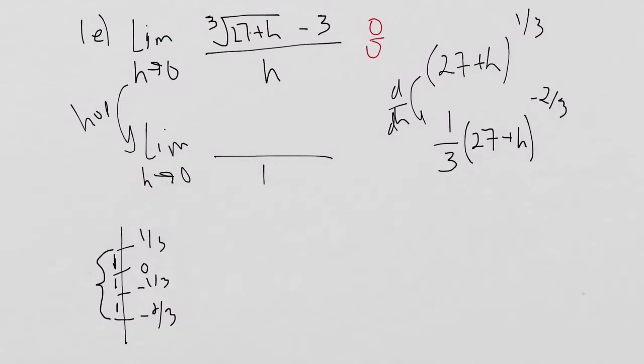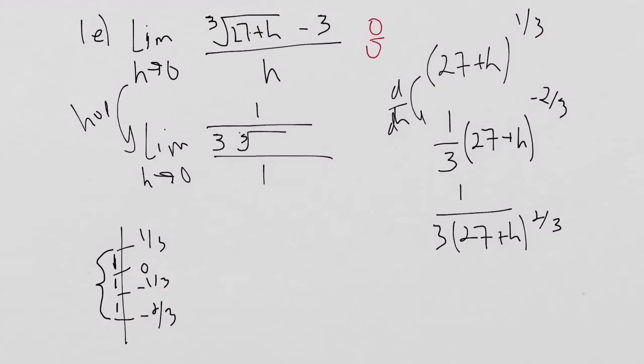So from there, I'm going to rewrite this thing. This is equal to 1 over 3 times 27 plus h to the 2/3 power. So that's actually going to be up here. So I get 1 over 3, and then I'm going to write it as the cubed root of 27 plus h, and then squared on the outside.